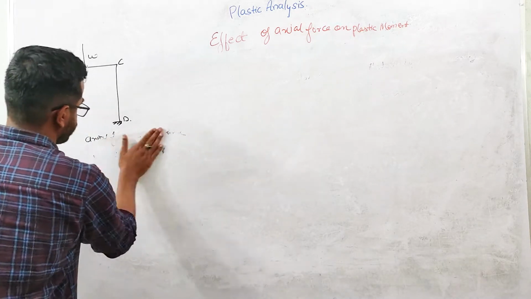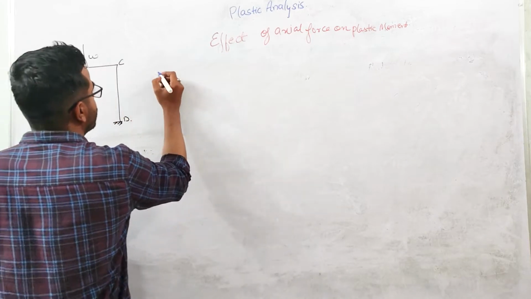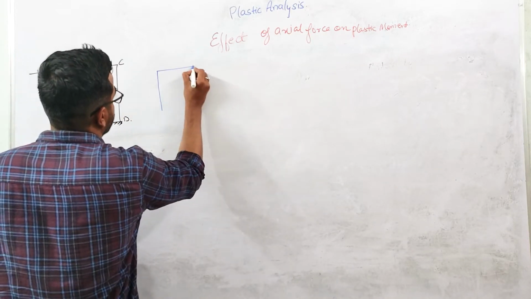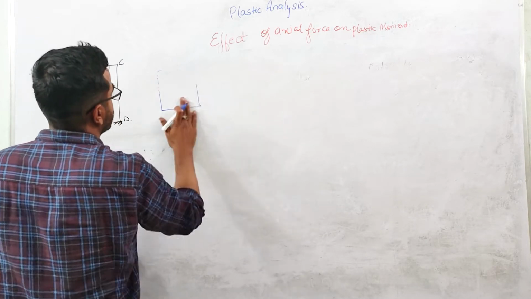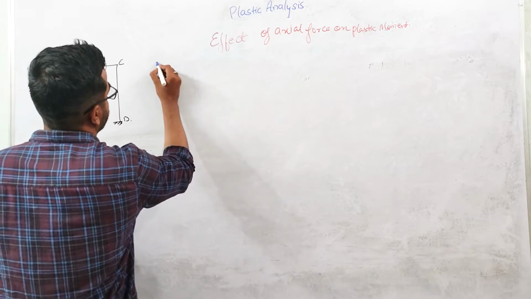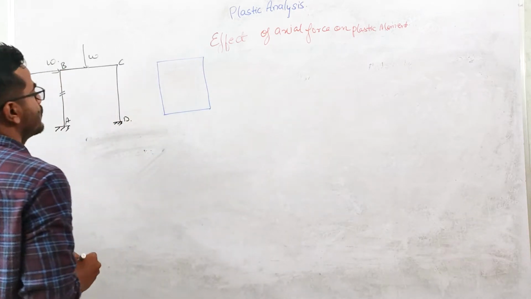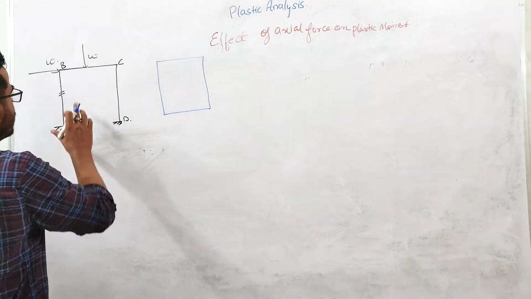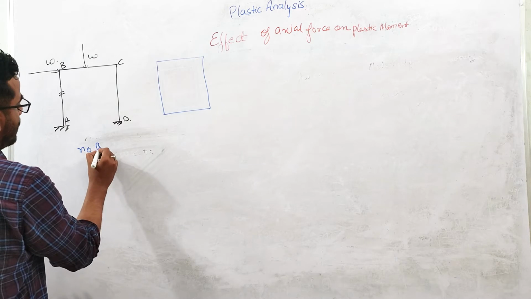First thing I'm assuming is that the cross section of the column is rectangular. I'm also assuming that this axial load is not causing any buckling.